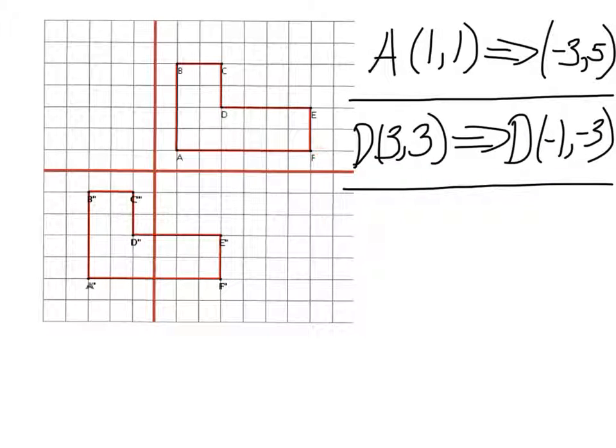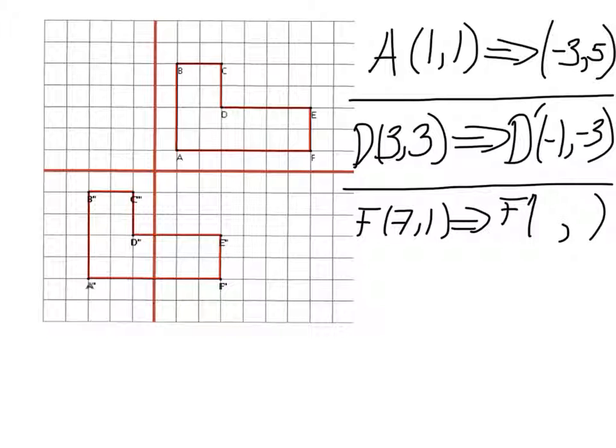So let's go from F to F prime. This F is located at 7, comma 1. But what is F prime? Let's go ahead and write that out. And sorry, I forgot my prime when I was putting D prime there. Okay, so what is our F prime? Well, it's going to be something, comma something.